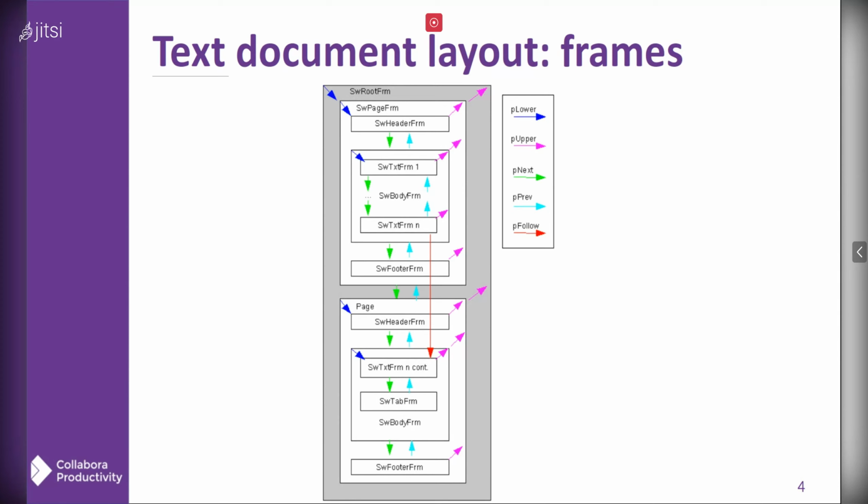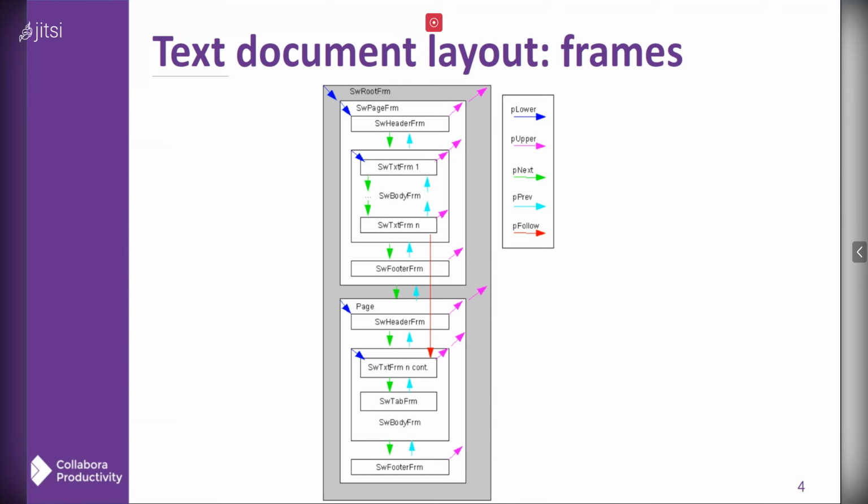So you can always navigate between these frames. You can always go to an upper level. I will give you a simplified picture just to make sure that we stay within the available time. So with the simplified picture, the only frame that has no parent is the root frame. So you can always go up. Then for layout frames, you can go lower. So for body frames or header frames or footer frames or table frames, you can go lower and go to the first contained frame.